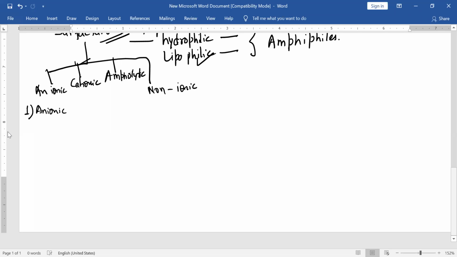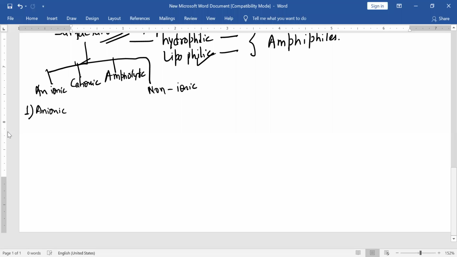Anionic surfactants are the most common type of surfactants, generally used in pharmaceutical industries. They contain an organic tail with a negatively charged head and a small positive ion like ammonium.